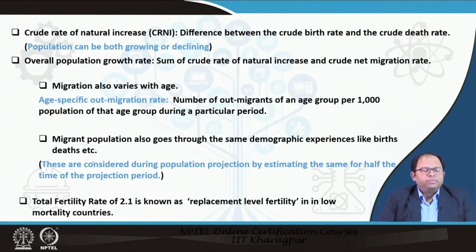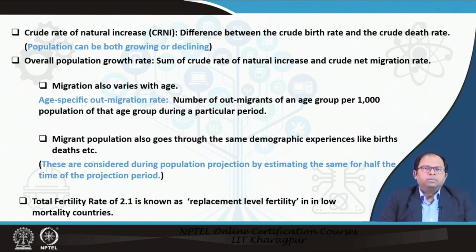Then once we know the mortality, fertility, and migration rates, we can determine the crude rate of natural increase, and also the total overall population growth rate. Crude rate of natural increase, CRNI, is defined as the difference between the crude birth rate and the crude death rate.